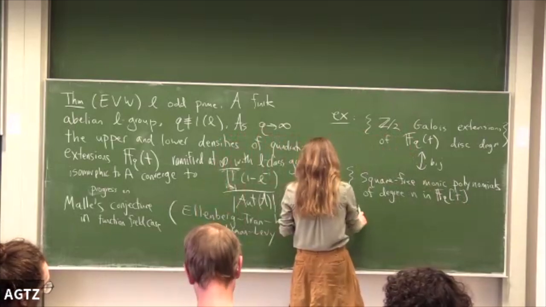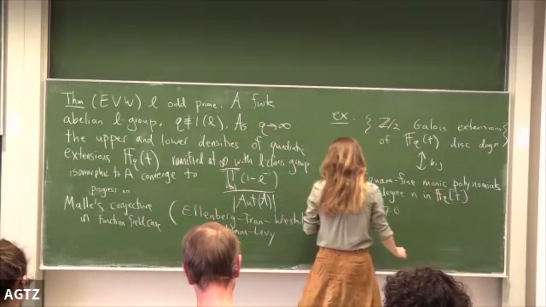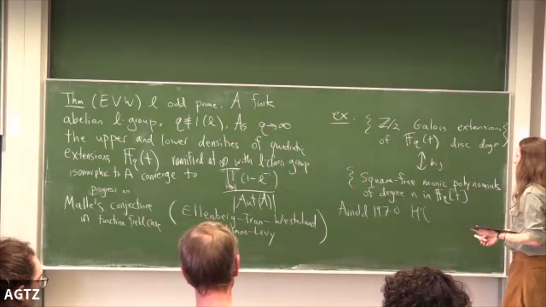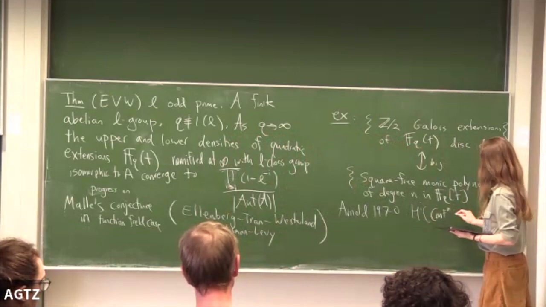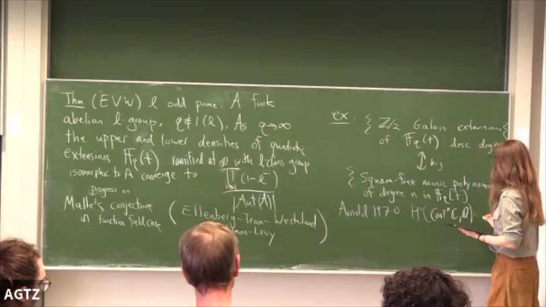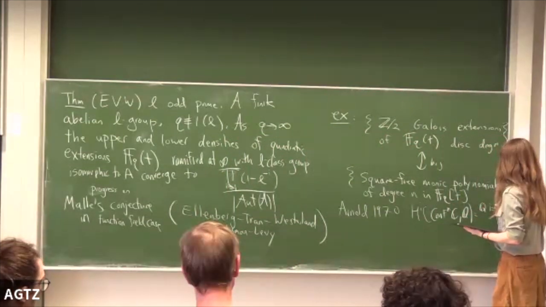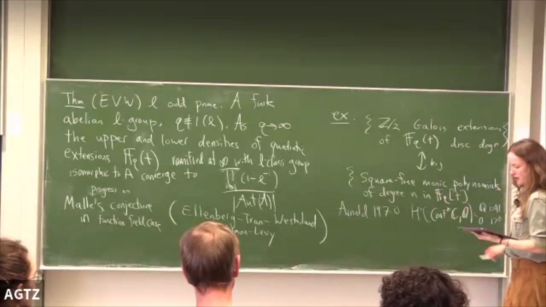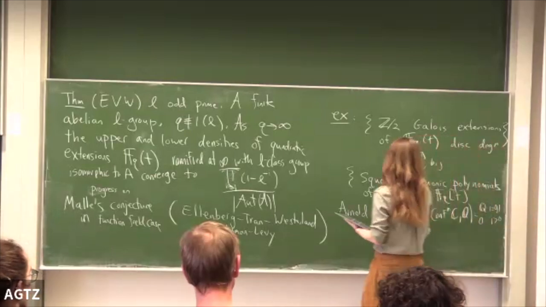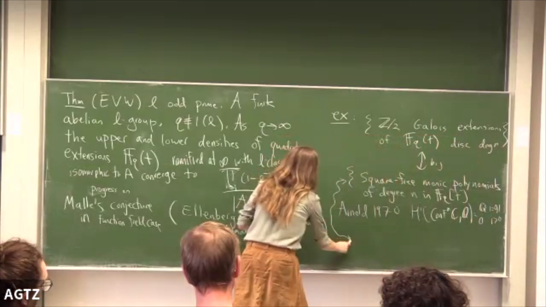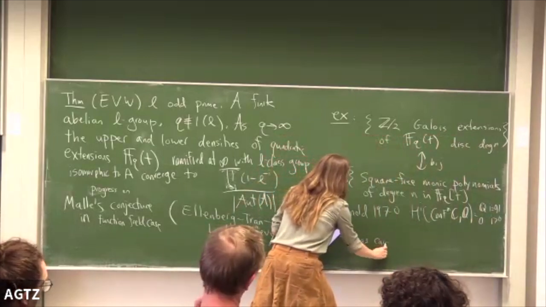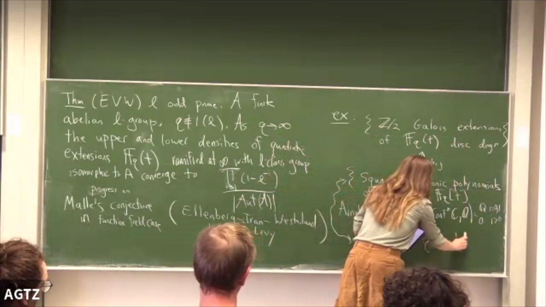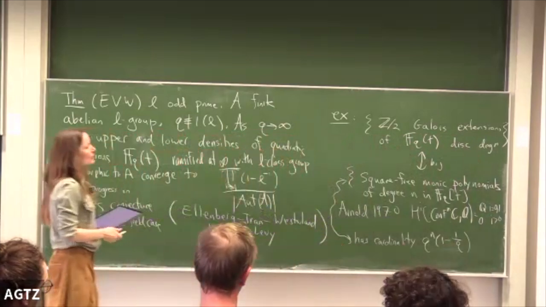So Arnold in 1970 computed the cohomology of the complex points of configurations of n points in C. And it's Q for i equals 0 to 1 and 0 for i greater than that. And this corresponds to the fact that this has cardinality q^n times (1 minus 1 over q).